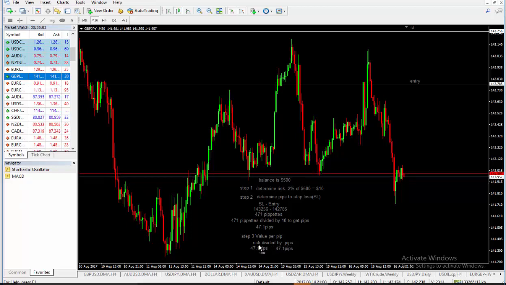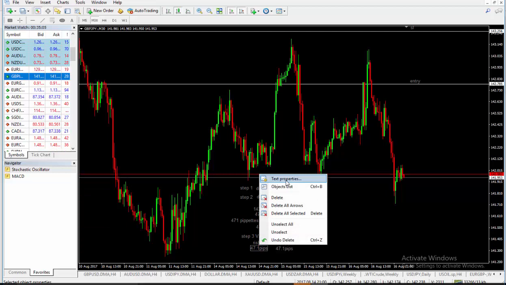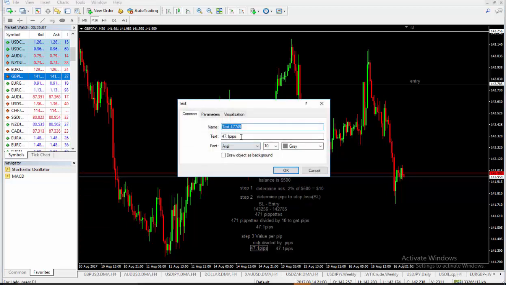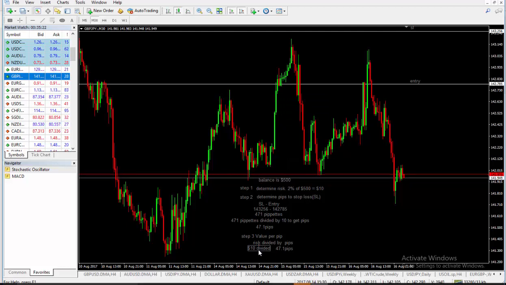So $10 divided by 47 pips. What you will do is say 10 divided by 47.